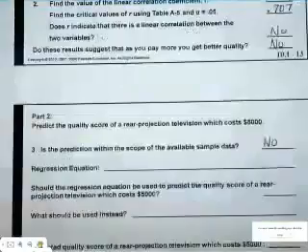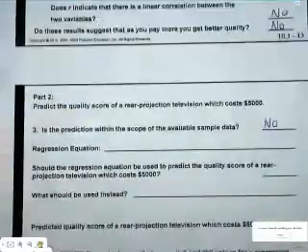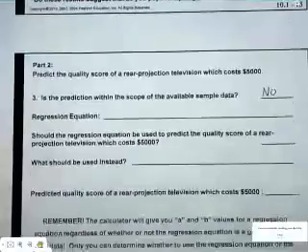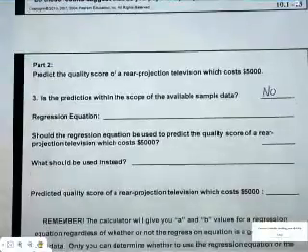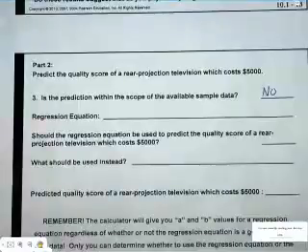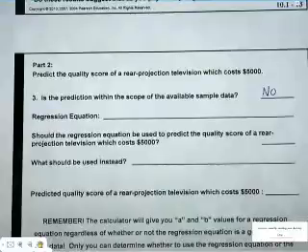Will my calculator give me a regression equation regardless? Yes, it will. If I ask, it'll give it to me and it won't tell me, hey, don't use this. Go ahead and look on linear regression t-test and give me the value of A rounded to 3 decimal places.